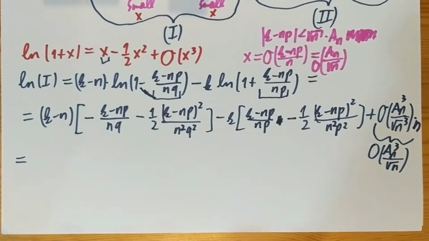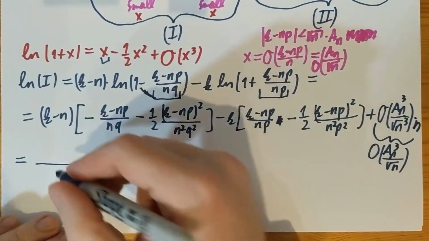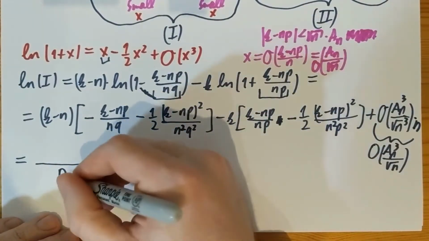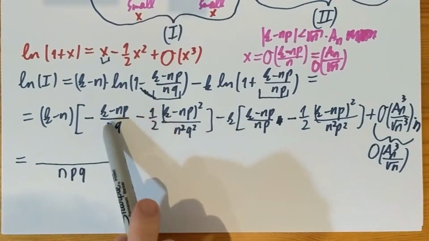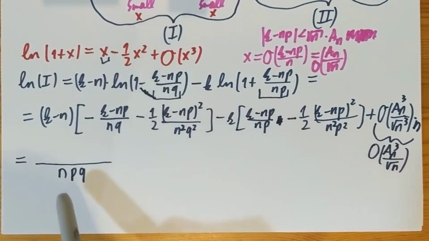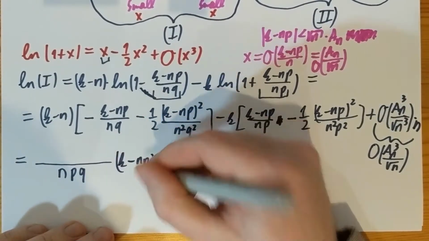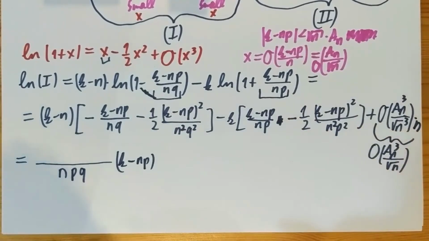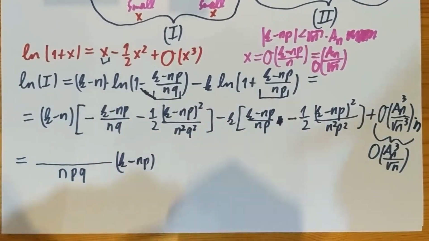They will also have a denominator nq in one case and np in the other. So I'm going to put these two terms under a common denominator npq, and I'm going to factor out k minus np at the end, because k minus np is both here and there. And then let's find out what we have. We have a minus sign times k minus n, so that's an n minus k.